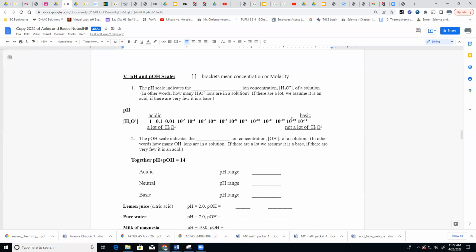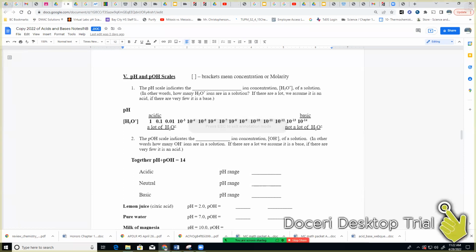So in other words, if I had 0.33 molar, it would be the same as [0.33]. Just another way of expressing it. We kind of tend to use it a little bit in this unit.